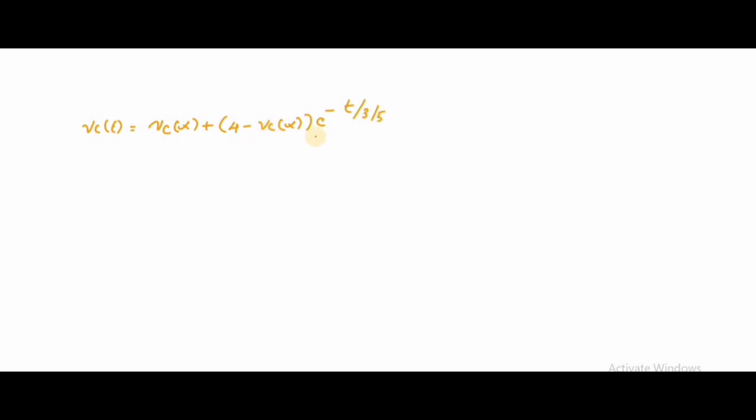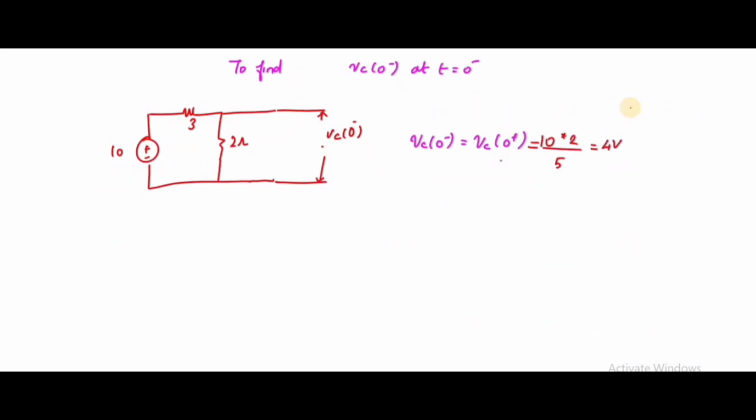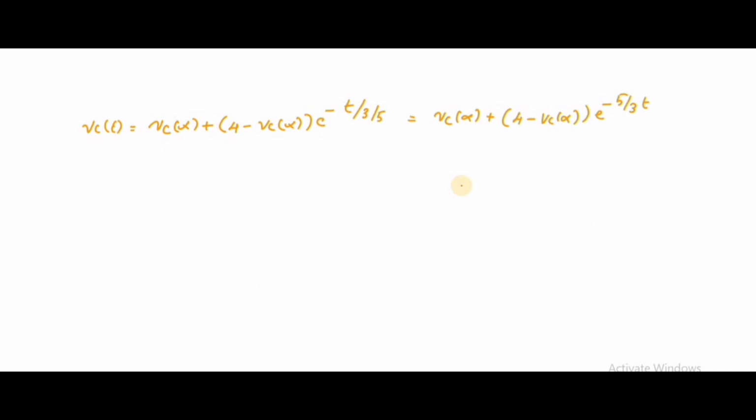Next, to find the value of Vc of infinity, the switch is in the position of 2. So you have to open circuit the capacitance to find the voltage across it.